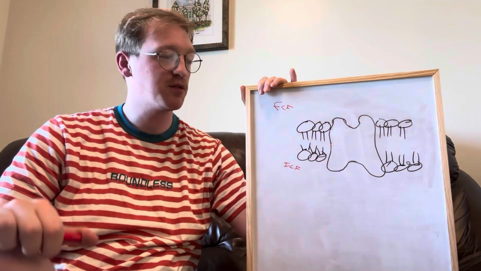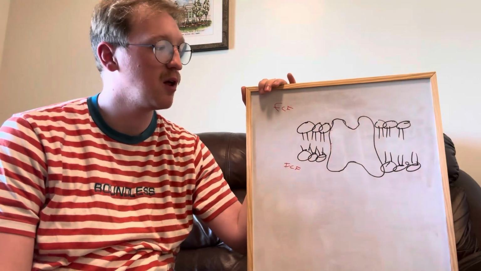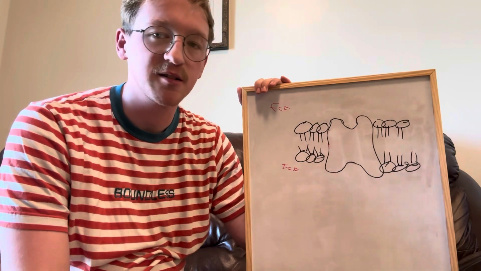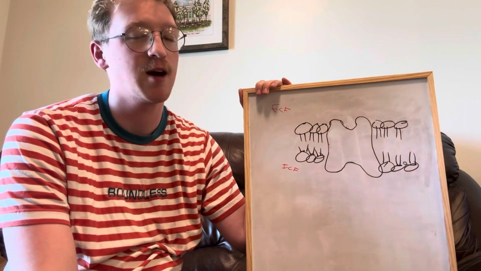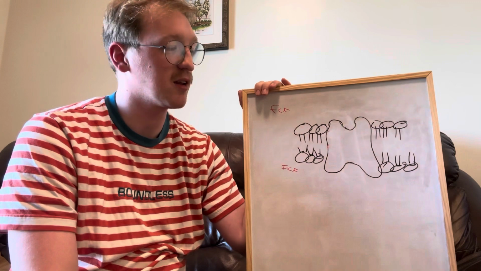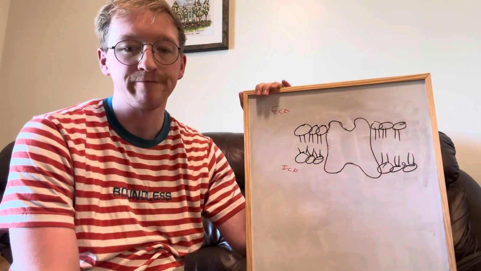The last type of transport we'll talk about is secondary active transport. Like primary active transport, it helps to move things against their concentration gradients. But unlike primary active transport, ATP does not directly affect this process.